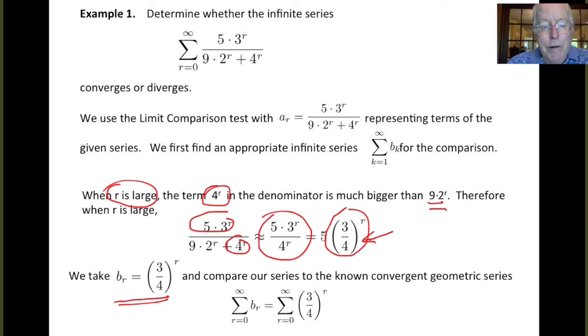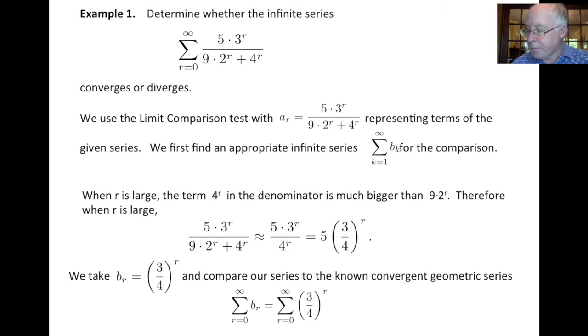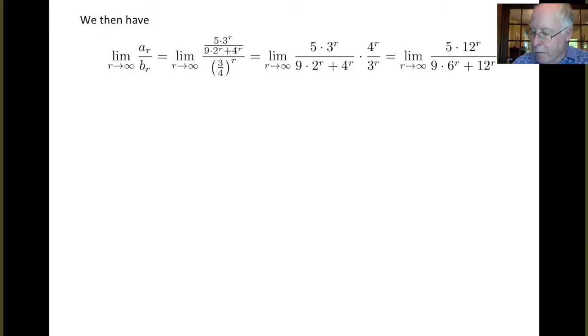So we're going to compare our series, the a_k series up here, to the series summation 0 to infinity, (3/4) to the r. So the limit comparison test says that we do this by taking the series we're curious about, the a sub r series, there's its term, and divide by the terms of the other series b_r, which was (3/4) to the r.